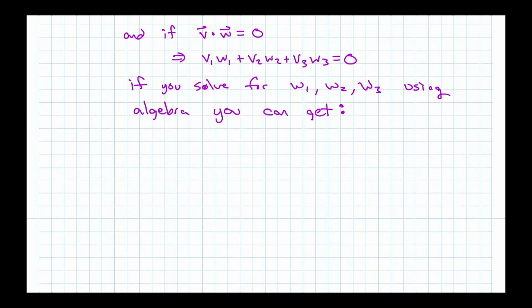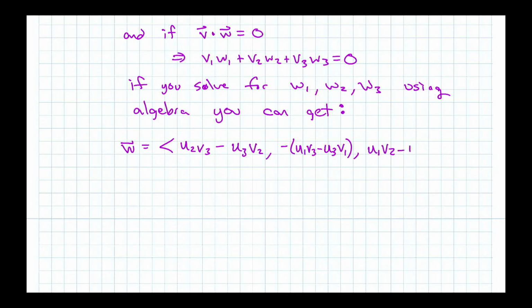That w is going to have to be u2 v3 minus u3 v2, oh, already screwing it up, comma, negative parentheses u1 v3 minus u3 v1, comma, u1 v2 minus u2 v1.